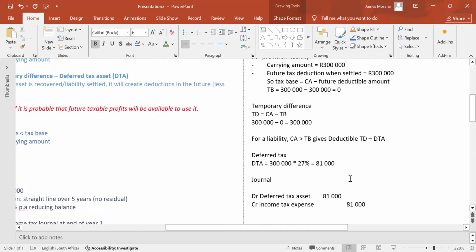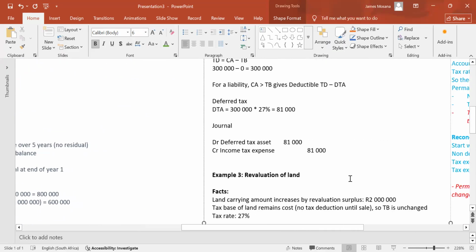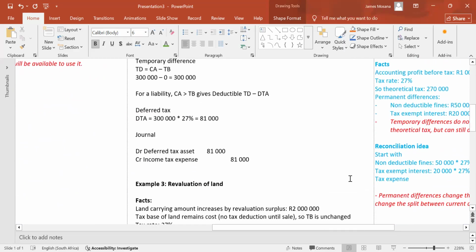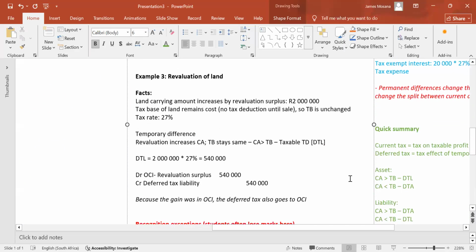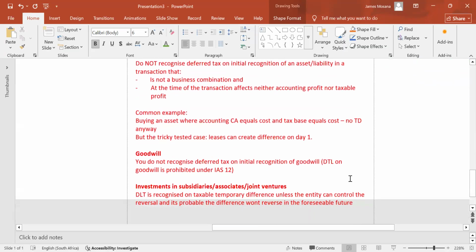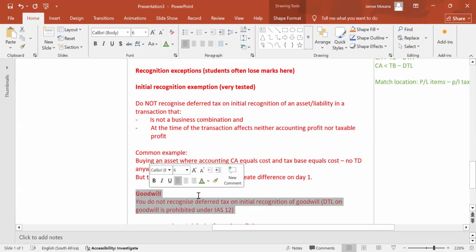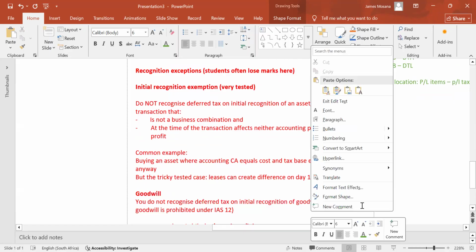We went through three examples explaining what we have dealt with, and I've given you the recognition exemptions, at a very high level. The most important one that you need to remember is goodwill. You do not recognize deferred tax on initial recognition of goodwill. Very important.